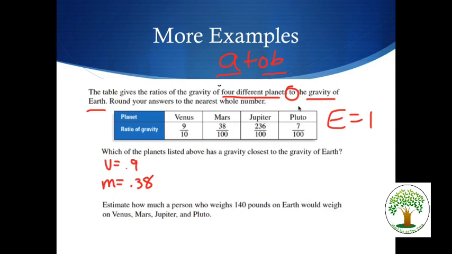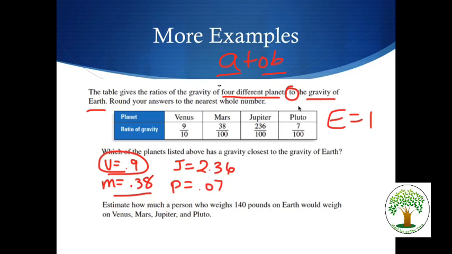Jupiter is 2.36. And Pluto is 0.07. So the closest one to 1 is 0.9. This one is over 1, this one is way under, that's not even half. This one is definitely closest to Earth's. So Venus is the one closest to Earth.